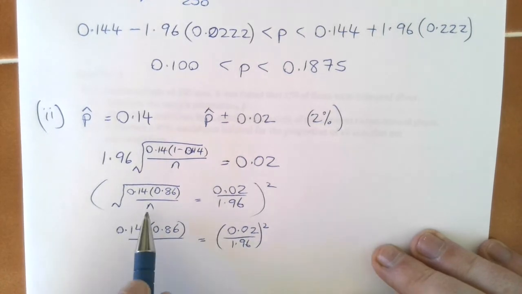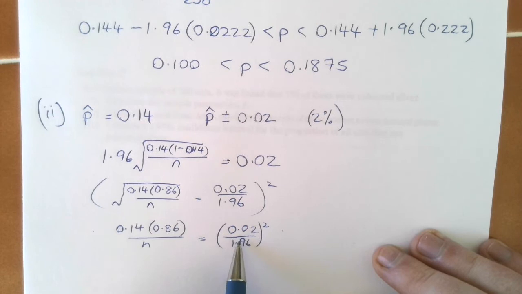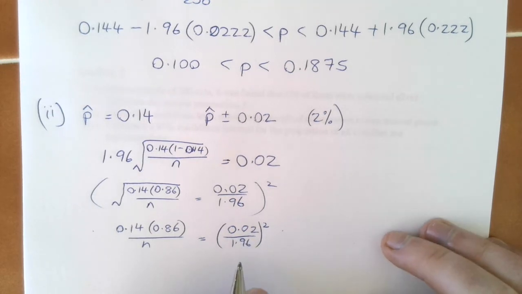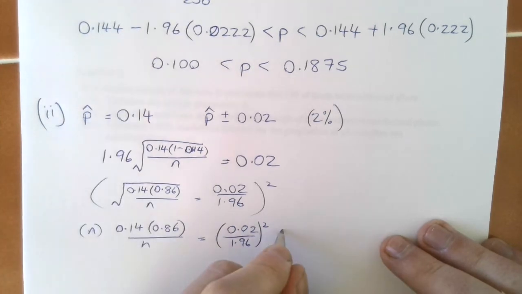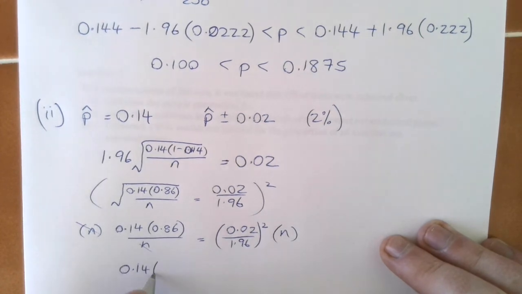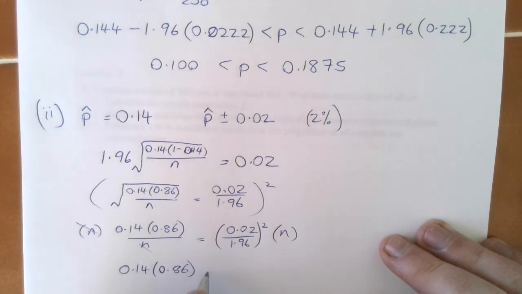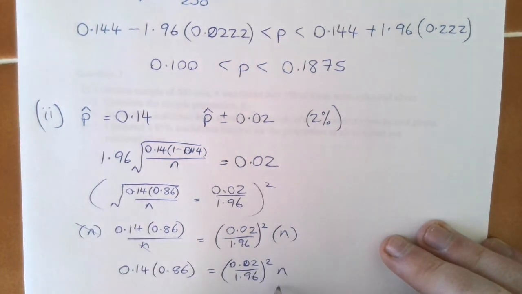And then in order to get rid of the n in the bottom, we're going to multiply by n on both sides, and then we're going to have to divide by this one here as well. So it's going to be 0.14 by 0.86 is equal to all of this squared by n, and then in order to get rid of it, we divide by that on both sides.